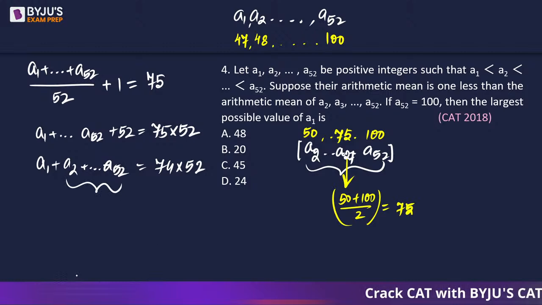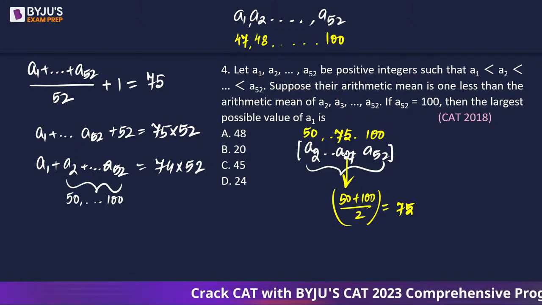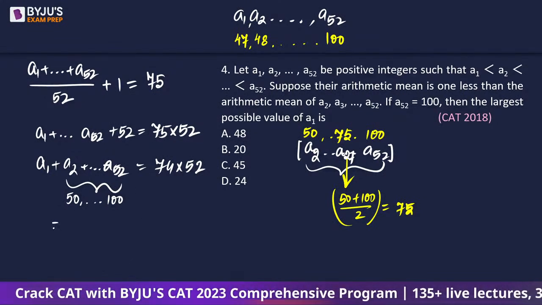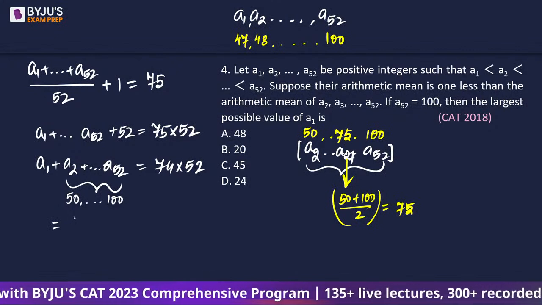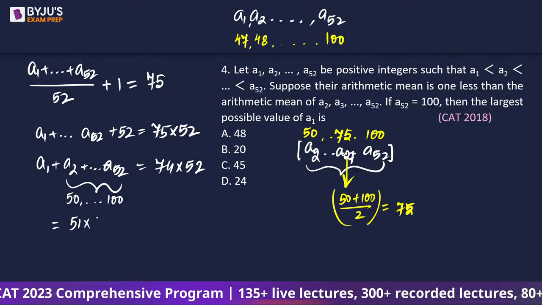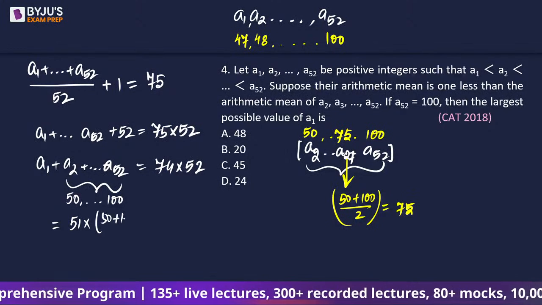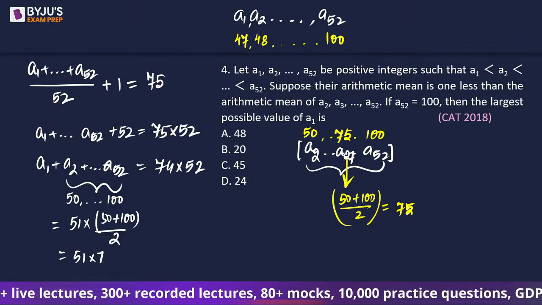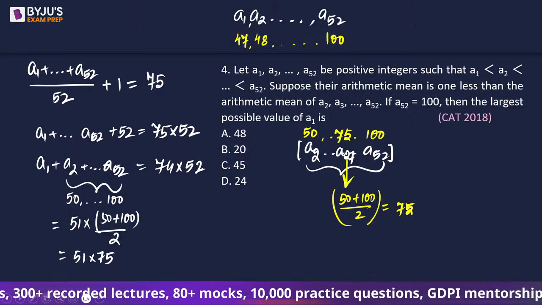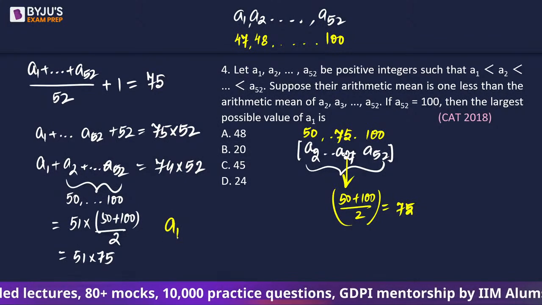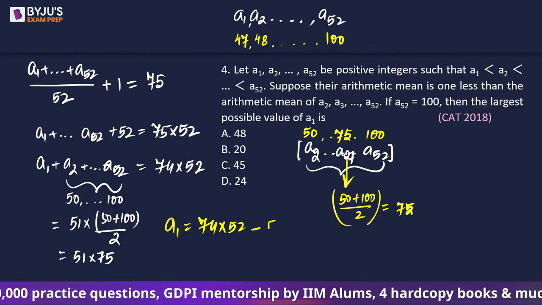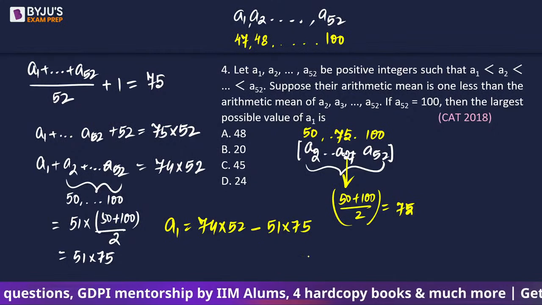A2 to A52 sum is going to be the sum of numbers from 50 to 100, right? Which is going to be a total of 51 numbers into the average of 50 and 100, which will become 51 into 75. Okay? So A1 will be 74 into 52 minus 51 into 75.